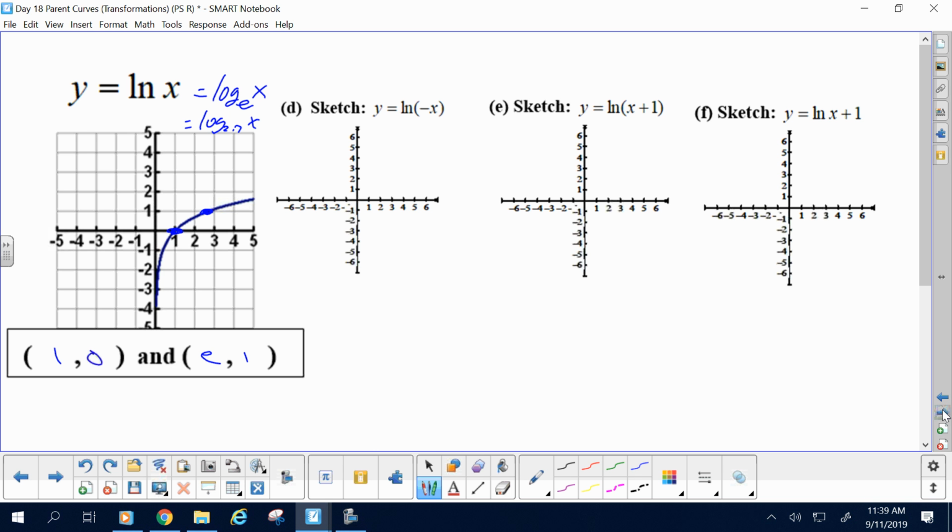E, 1. The asymptote is still x equals 0 or y equals 0? The vertical asymptote is x equals 0 unless it gets shifted, which it will. So, y equals log of negative x. Does that negative cause shifting, stretching, or reflecting? Reflection. Does it cause it to reflect side to side, or up and down? Side to side.